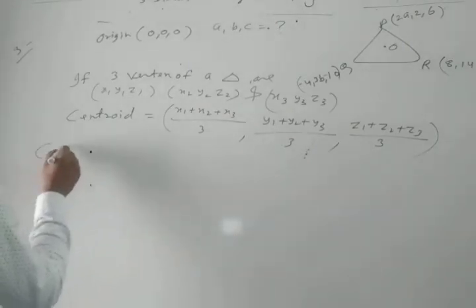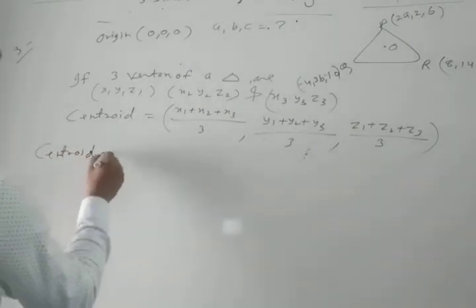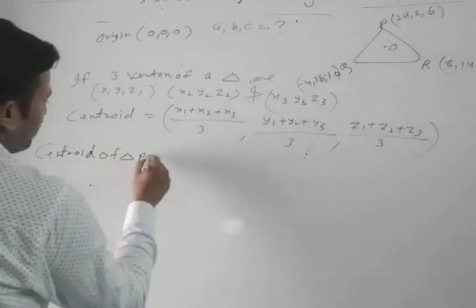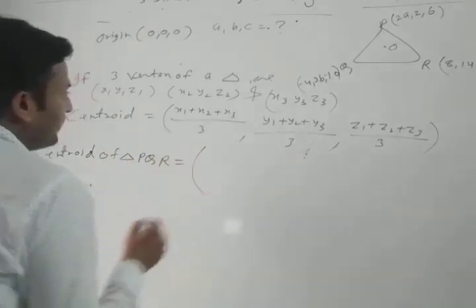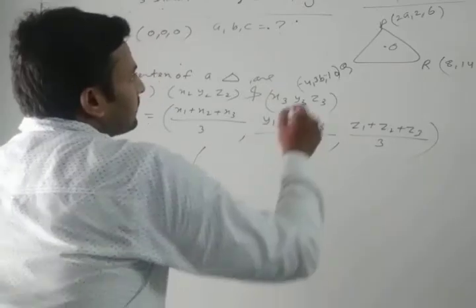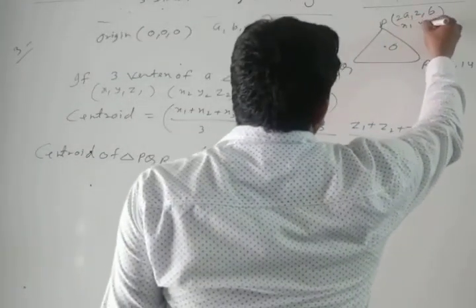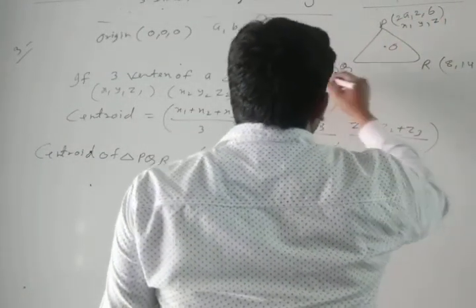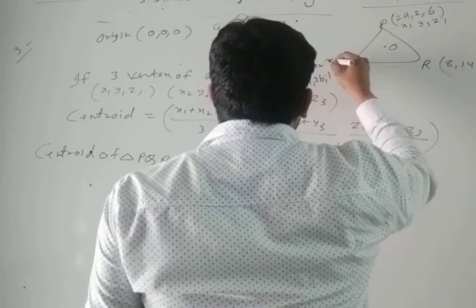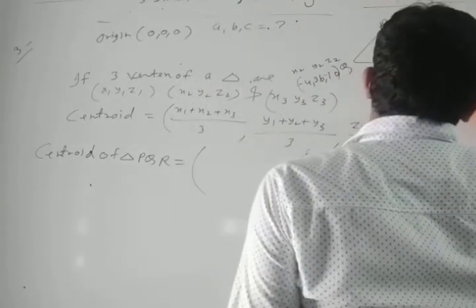So the centroid of triangle PQR will be, so P is (x1, y1, z1), Q is (x2, y2, z2), R is (x3, y3, z3).